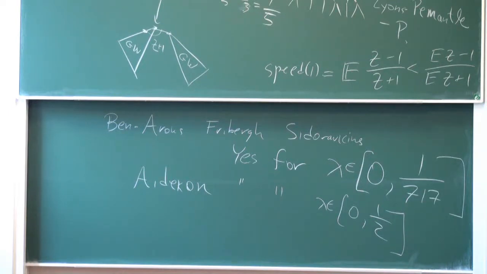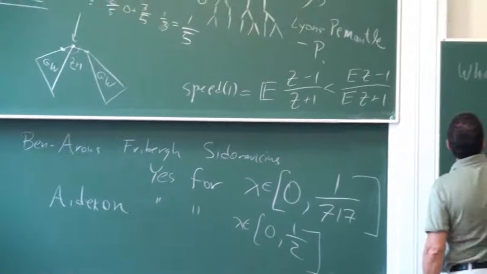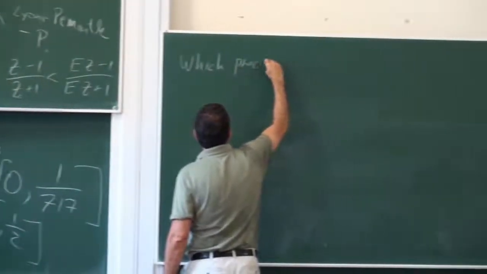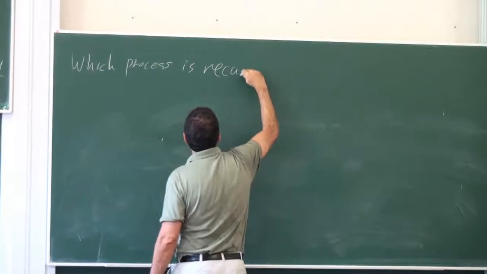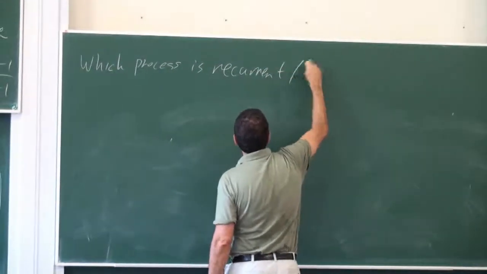I want to give you several examples, and we're going to try to get everyone involved in the questions. My question is, which of these processes is recurrent, and which is transient?